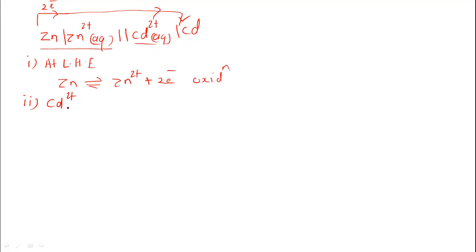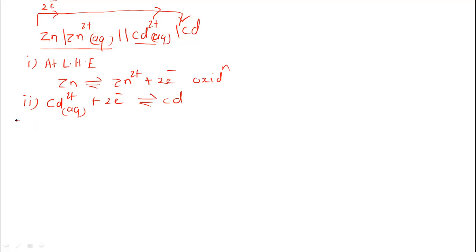So the charge of the cadmium dipositive ion is reduced. Electrons are added here and cadmium metal is formed, and this reaction is called the reduction reaction. Thus oxidation takes place at the LHS side and reduction takes place at the RHS side.